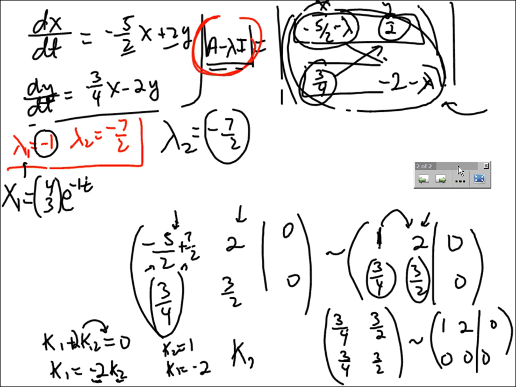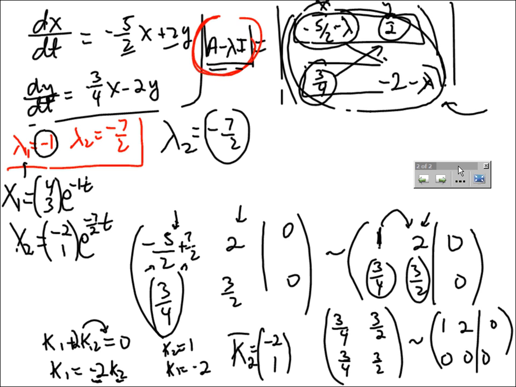That tells me K sub 2, the vector, is K1, K2. So X sub 2 is negative 2, 1, times e to the lambda, negative 7/2, t.